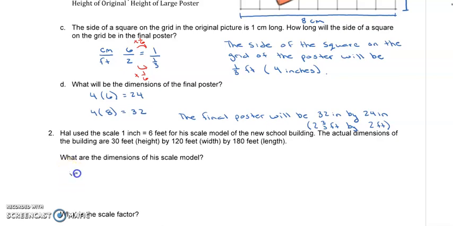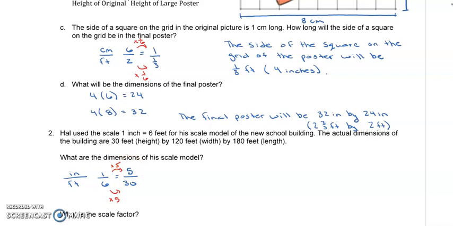So I have the inches from the model to the feet, and I know every 1 inch is 6 feet out there in the world. And for the first one, I have 30 feet. So 30 is going to go on the bottom, and I'm going to scale, and I'm scaling up by 5. So I get 5 inches.